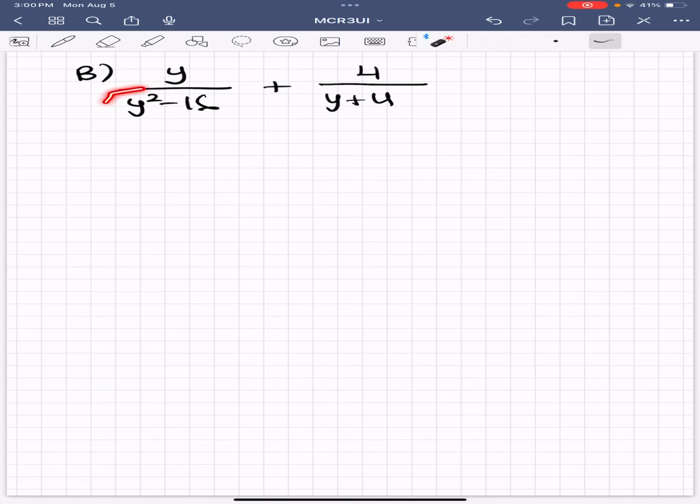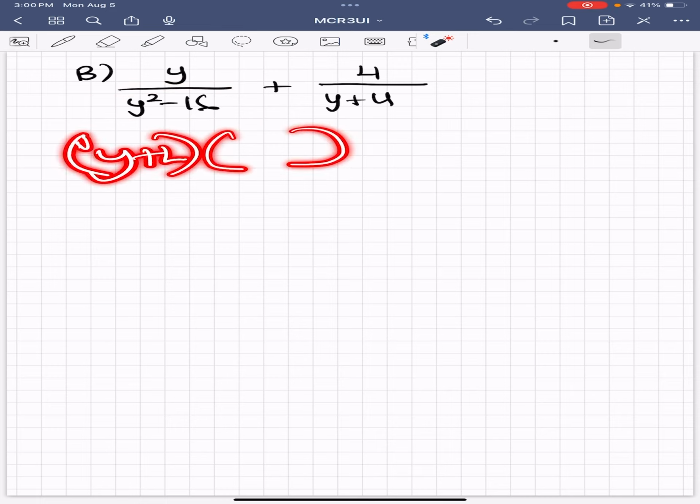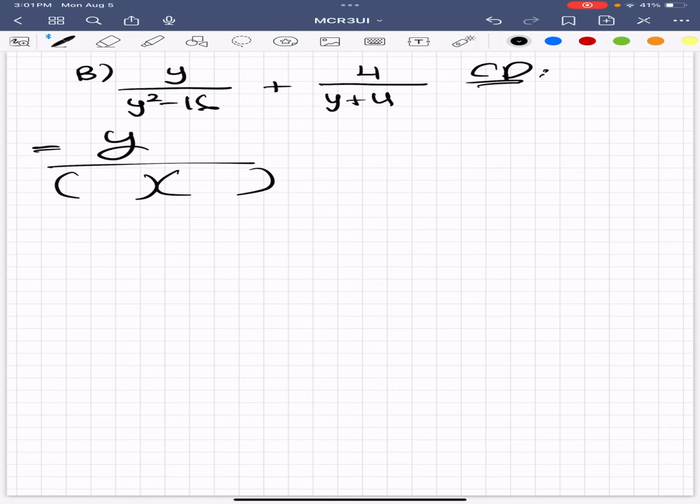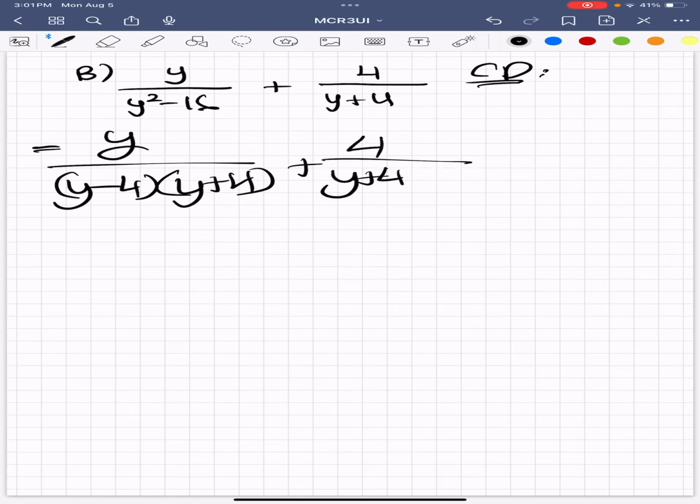Okay, so now we have a difference of squares. When we're factoring, it would be y plus 4, y minus 4, because the 4's cancel out. And then we have a common denominator. First things first, we're going to factor the bottom: y minus 4, y plus 4, plus 4 over y plus 4.